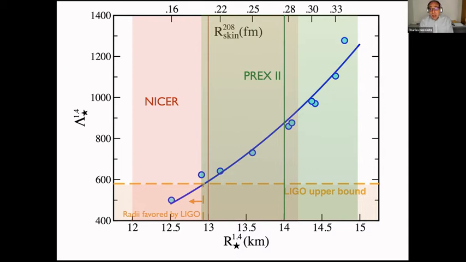PREX is the observable that involves the pressure at the lowest densities, nuclear density and below. There's slight tension between PREX-2 and LIGO, but there still is a small overlap region.